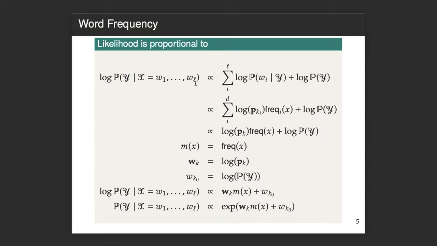This is proportional, meaning that we take away the normalization factor in the Bayes theorem. As you can see, here is the log prior, and here is the log of the likelihood, and the sum goes over all the words in the sentence, up to L.